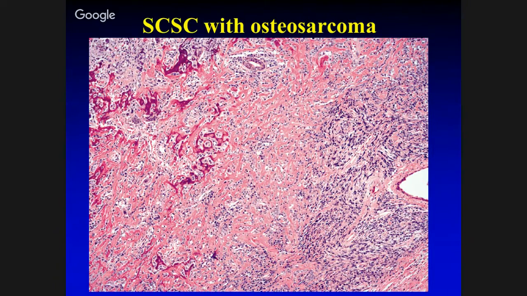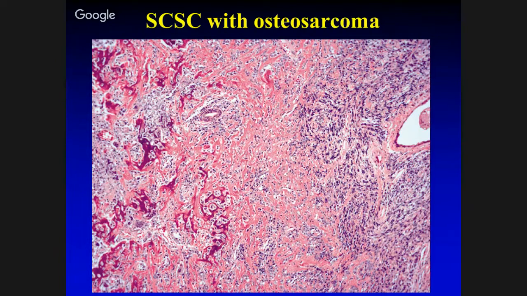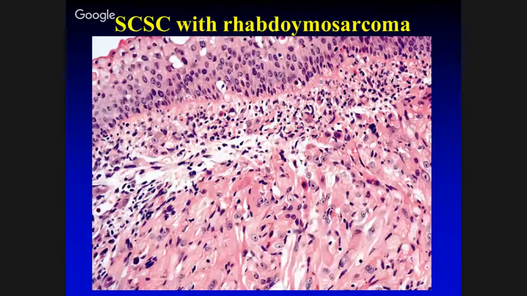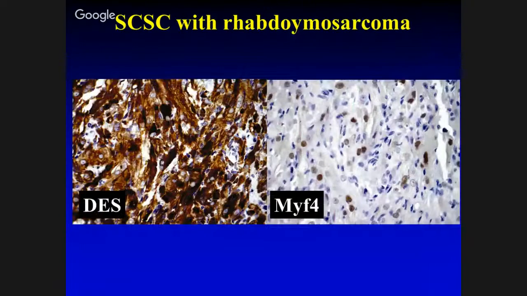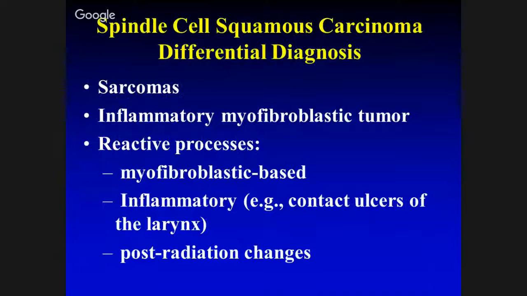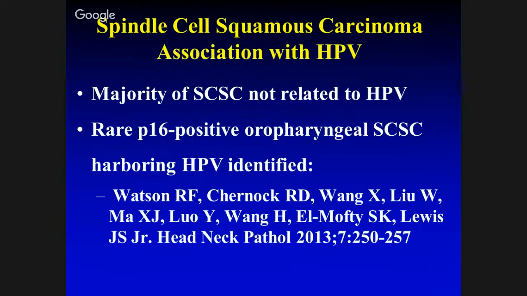This is a Mount Sinai case about half a year ago, spindle component on the right, and an osteosarcoma, and then another one that had coexisting rhabdomyosarcoma. It wasn't a pure rhabdo. These are rhabdomyoblasts. Desmin and MyoD1 were positive. So the differentials are listed here, but generally when you're dealing with the morphology I showed you, it's a spindle carcinoma.